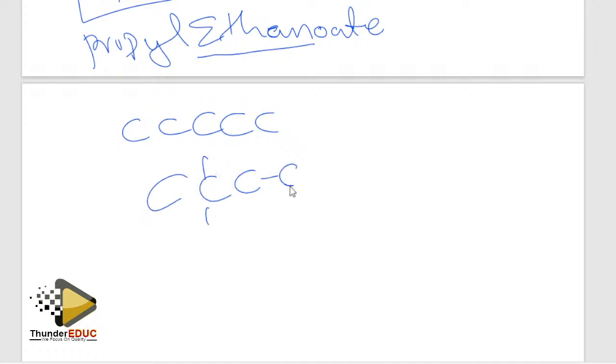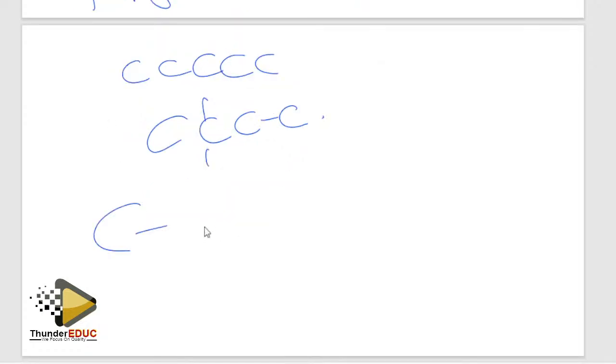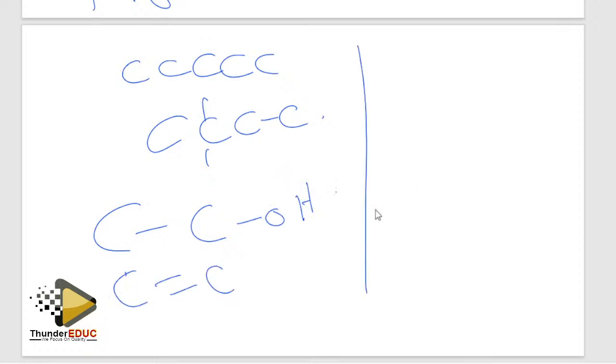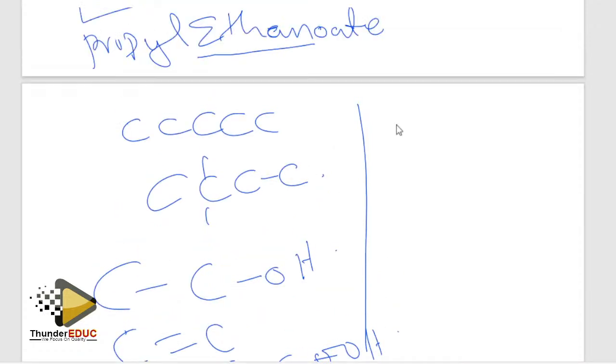Then you need to know functional group, maybe a double bond, and then a carboxylic acid. Then you need to know the number of carbon atoms.